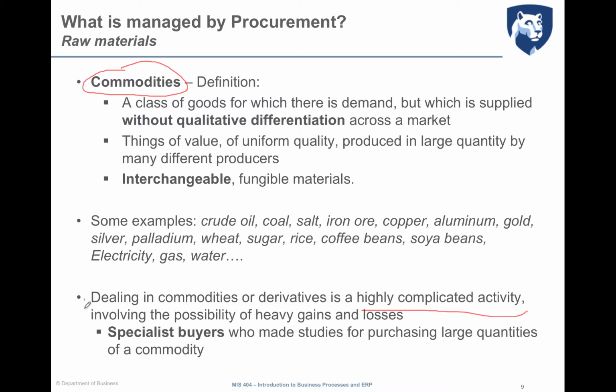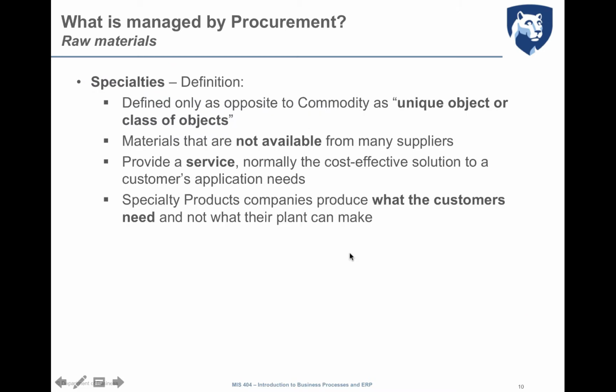So in order to deal with that, to assure supply continuity, but also to assure a fair price, often specialist buyers are included in the company organizational chart to deal with the purchasing of these particular goods, in order to be able to purchase large quantities at a fair price, and so matching also the efficiency needs of a company.